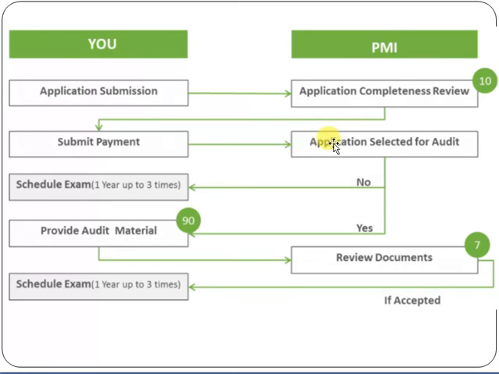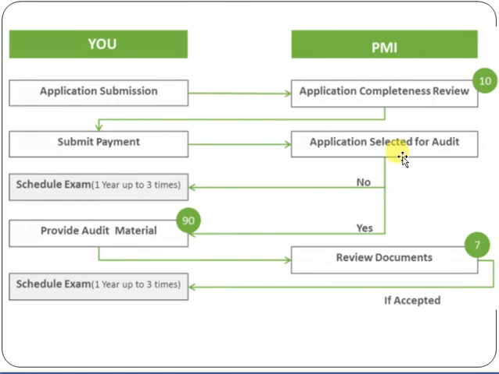Audit means they will ask you to provide all the evidence and proofs for your application. For example, if you say you have project experience, they will ask you to provide the evidence. So there are chances that your application may or may not go into audit.